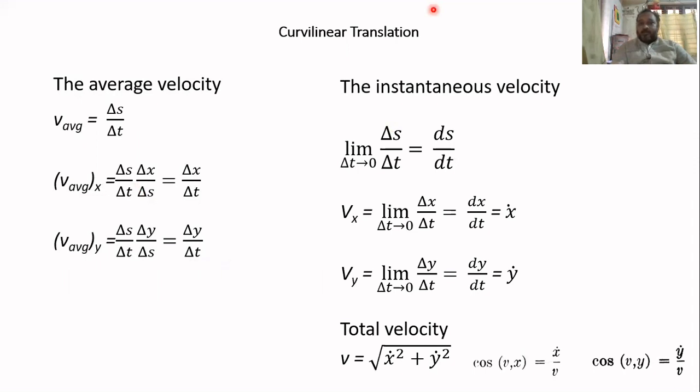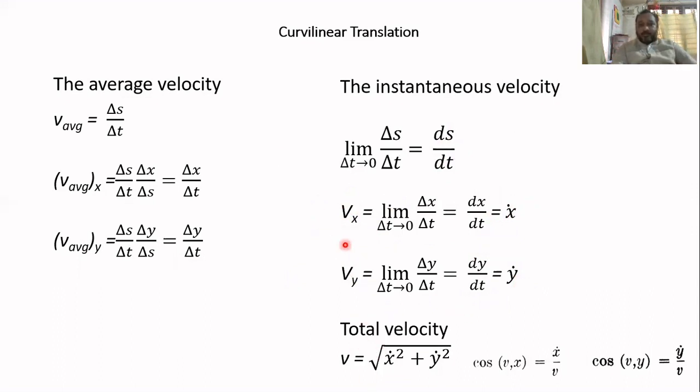The instantaneous velocity is the limit as delta t tends to 0 of delta s by delta t, which is the derivative of distance traveled with respect to time. The velocity in the x direction is dx by dt, represented by x dot, and the velocity in the y direction is dy by dt, represented by y dot.